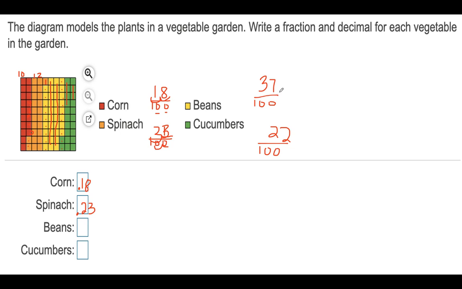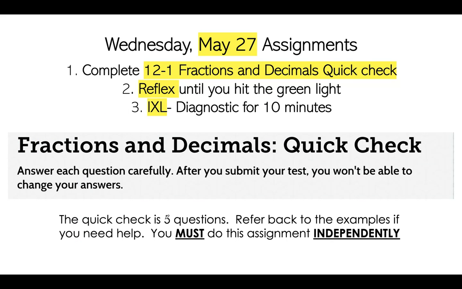So I have 37 out of 100. So I'm going to go back because there's 2 zeros. Go back 2 spaces. 1, 2. So it's 0.37. And go back 2 spaces for my cucumbers. 1, 2. And that's 0.22. So that's 22 hundredths.